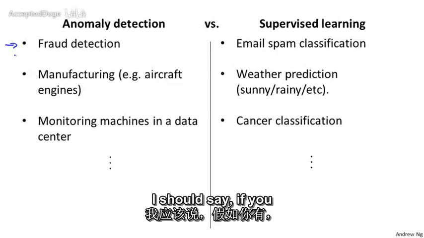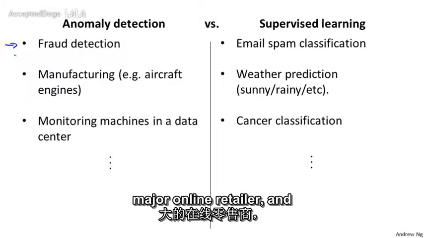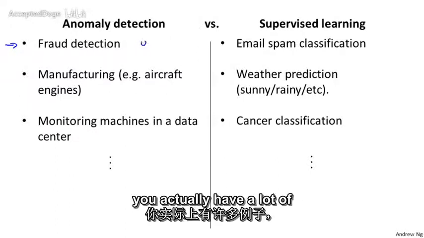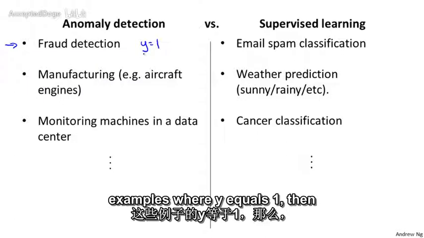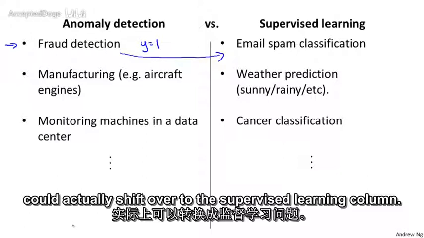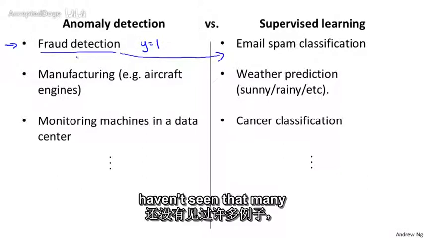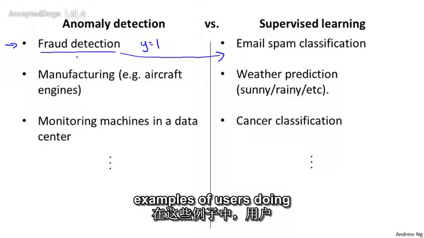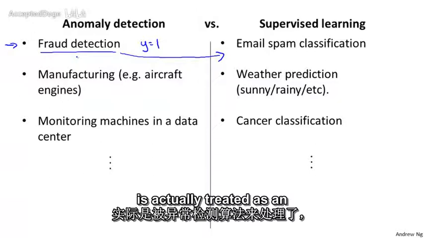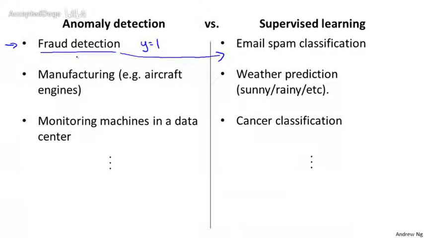I should say, if you're a very major online retailer, and if you actually have had a lot of people try to commit fraud on your website, so if you actually have a lot of examples with y=1, then sometimes fraud detection could actually shift over to the supervised learning column. But if you haven't seen that many examples of users doing strange things on your website, then more frequently fraud detection is treated as an anomaly detection problem rather than with a supervised learning algorithm.